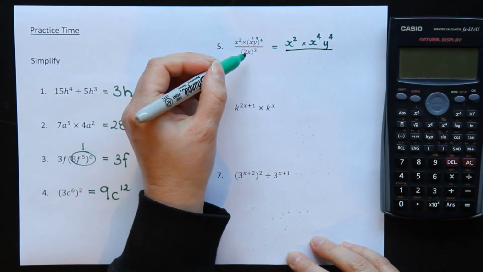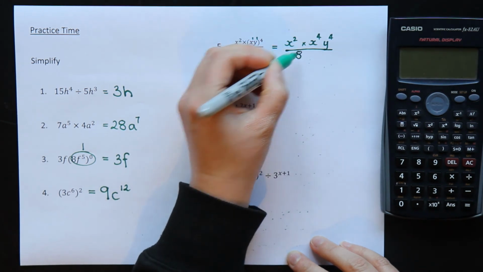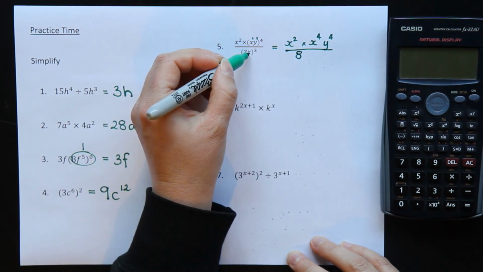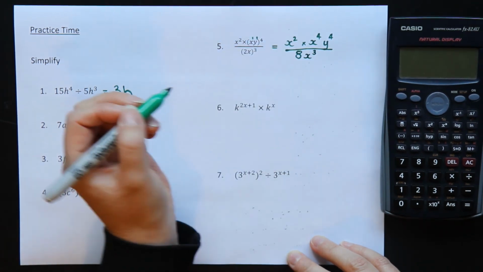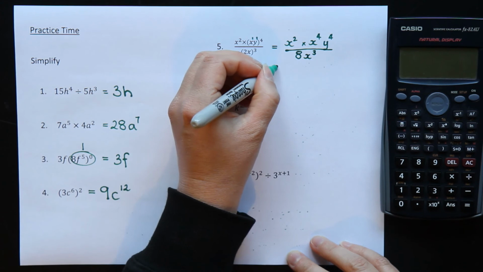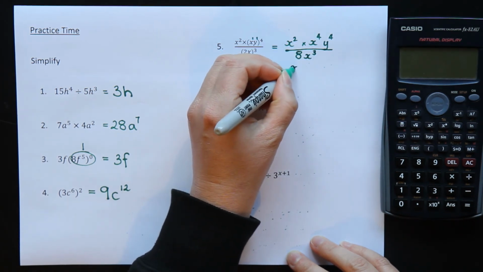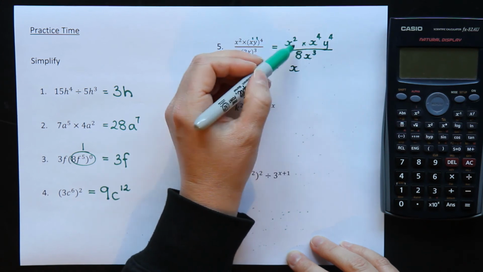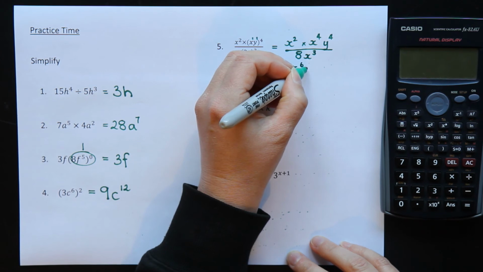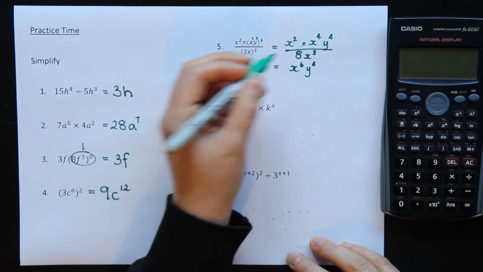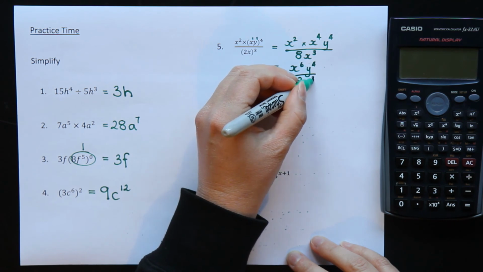Over 2 to the power of 3 is 8. And x to the power of 3 is just x to the power of 3. Let's times the top together. So the x's have the same base, so we would times them together, which will add the powers. So 2 plus 4 is 6, and the y to the power of 4 is unchanged, it just sits afterwards, over 8x to the power of 3.